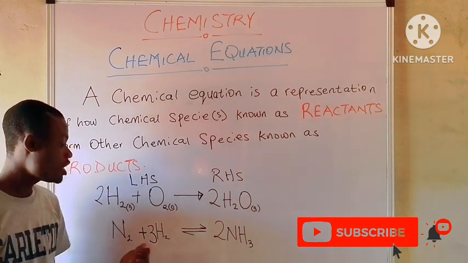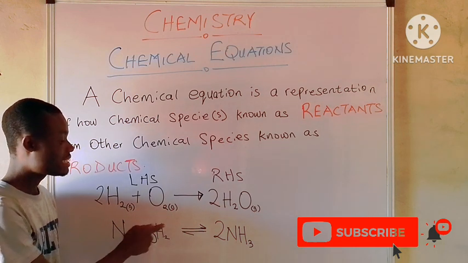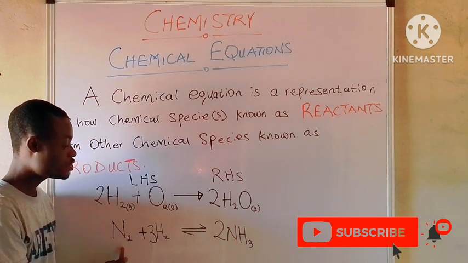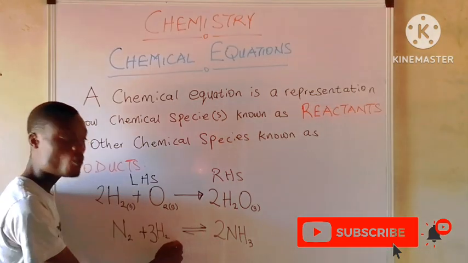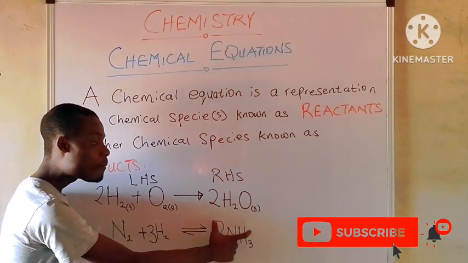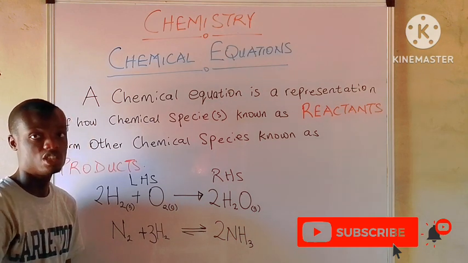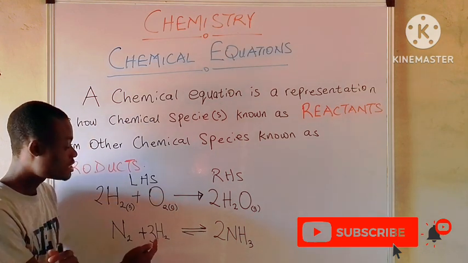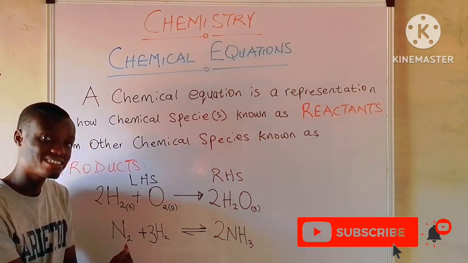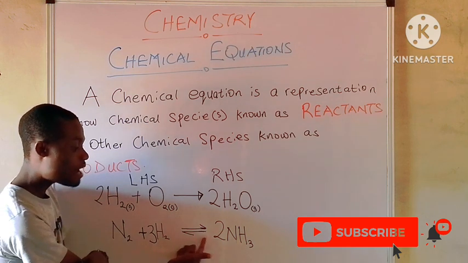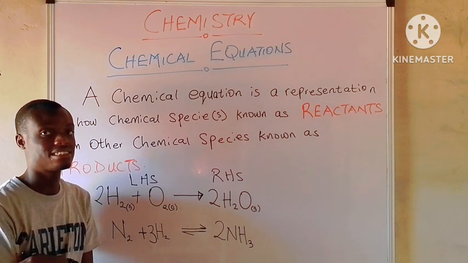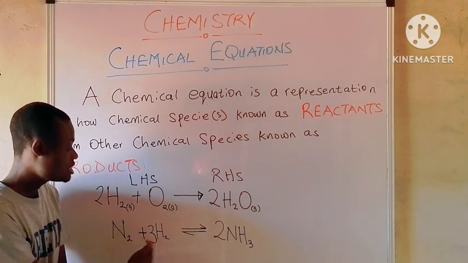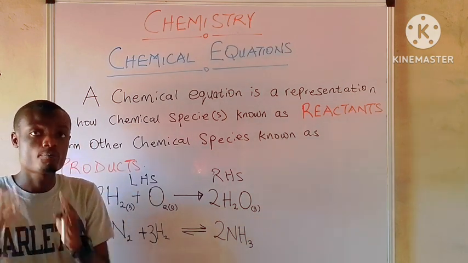For example, if you look at this reaction, we find out that in this forward reaction, we have nitrogen and hydrogen gas giving us ammonia gas. But for the backward reaction, ammonia gas dissociates or breaks down to give us hydrogen and nitrogen. So for the backward reaction, ammonia is our reactant, while hydrogen and nitrogen are our products.